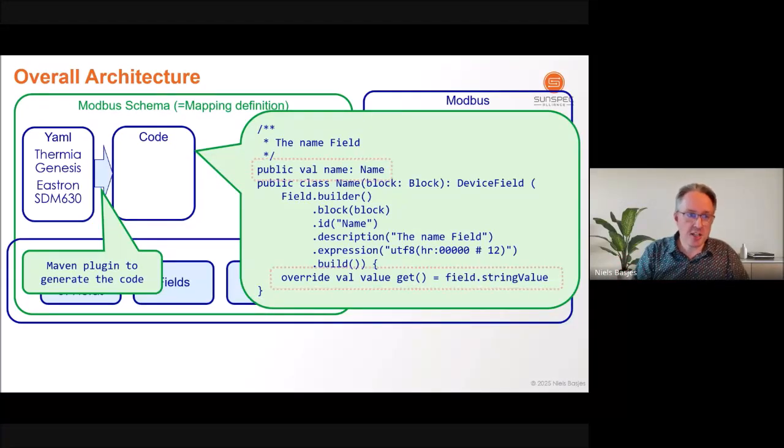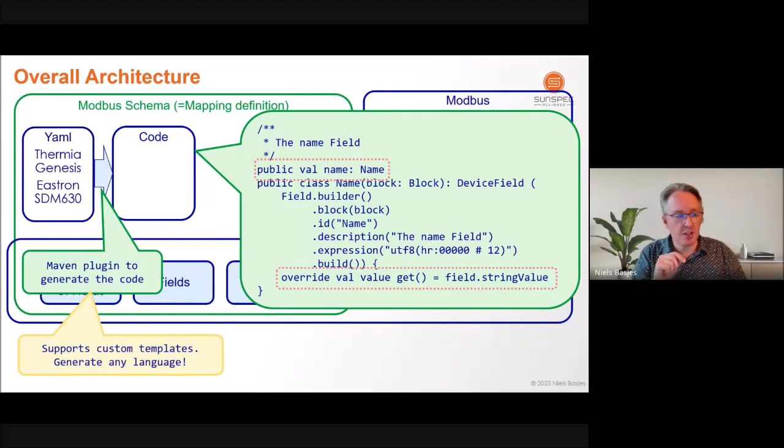And the nice thing here is that it creates hard variables with the name of the field, and also hard codes the return type, whether it's a floating point number or a string or something else. I have tried to make this Maven plugin so generic that you can inject a custom template. So it should be able to generate any language somebody can create a template for. Right now, I haven't done that yet. I have created Kotlin and Java, and both of them work.